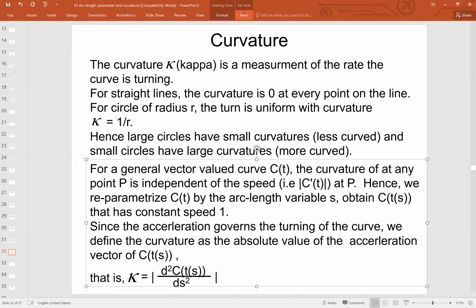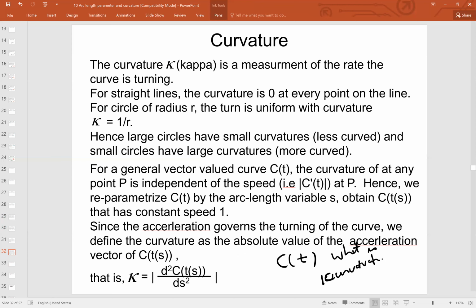Remember, what we are given in the very beginning is a curve, c of t, and the question is, what is the curvature at a point P? In some general parametric equation in t, we said we have to do this parameterized by arc length first.